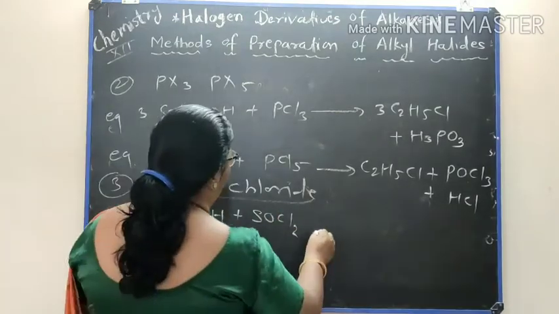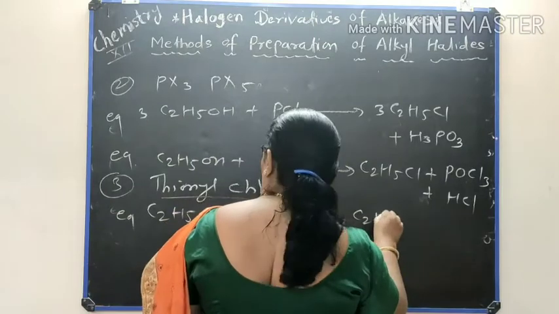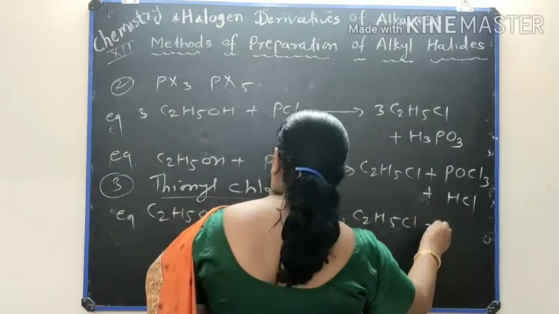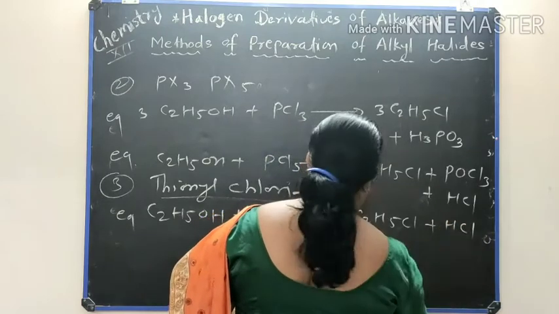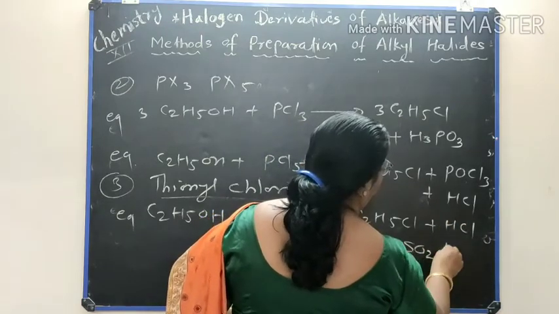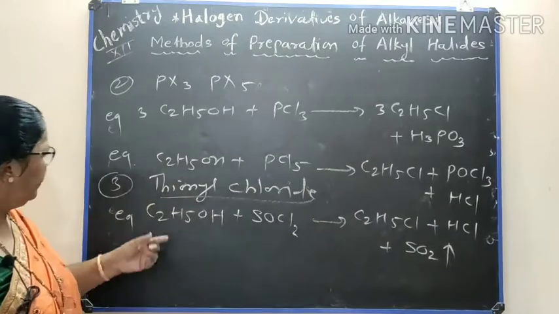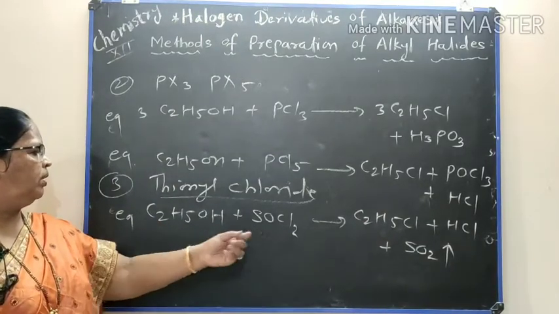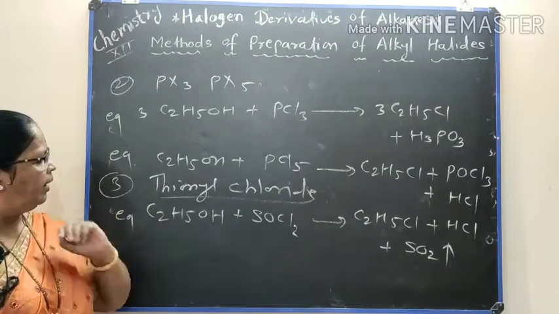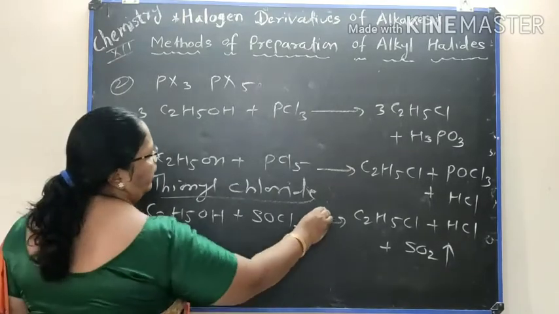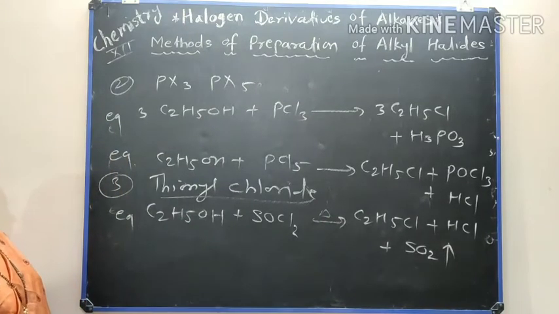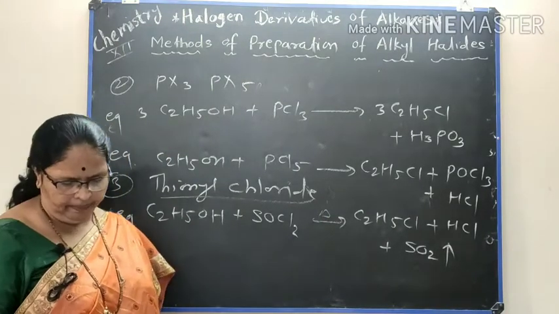Mostly it gives C2H5Cl plus HCl as well as sulfur dioxide. That means ethyl alcohol is treated with thionyl chloride SOCl2. After heating it gives ethyl chloride, HCl and sulfur dioxide.